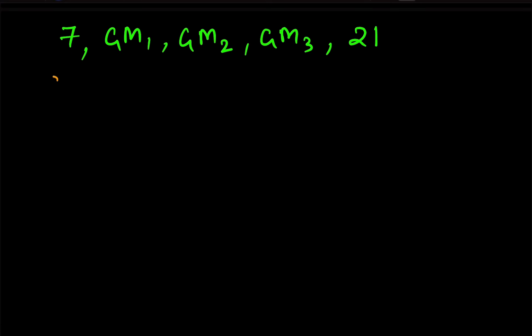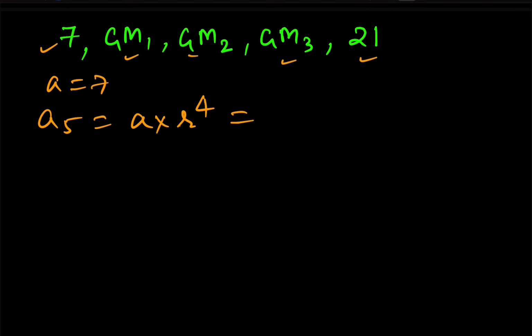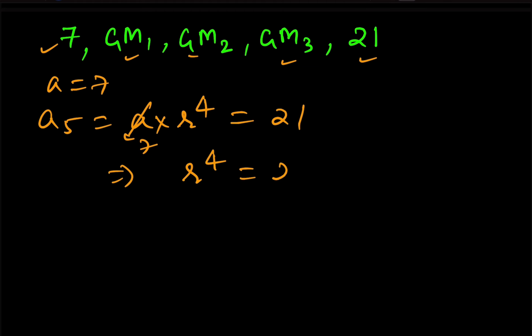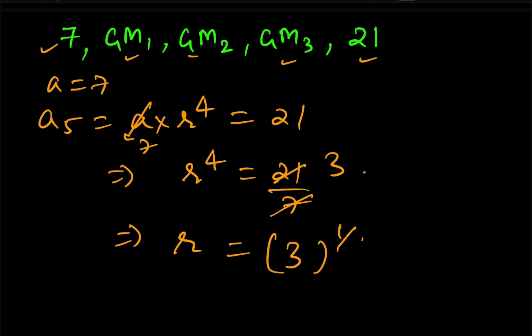Here our first term is 7 and our last term, that is actually the 1, 2, 3, 4, fifth term, which is a into r to the power of 4, is 21, and we know our first term is 7. So r to the power 4 will become 21 by 7, that is 3. So r will become 3 to the power of 1 by 4.